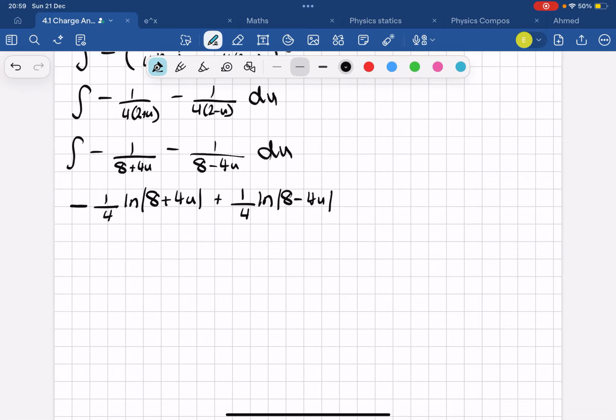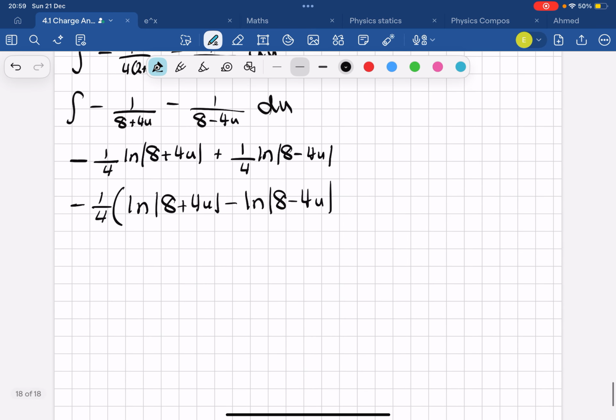And if we substitute, well, I think we can factorize, so we can take out minus a quarter: ln of 8 plus 4u, plus ln of 8 minus 4u, so minus ln of 8 minus 4u.